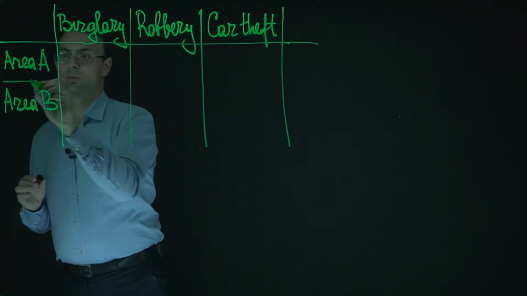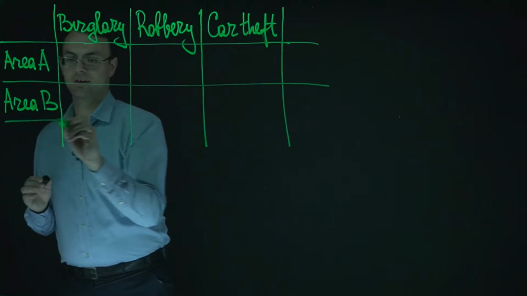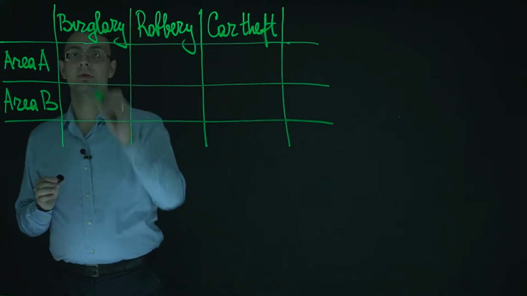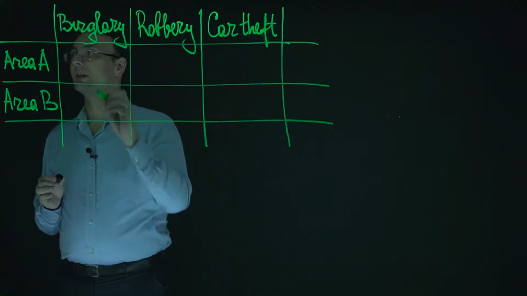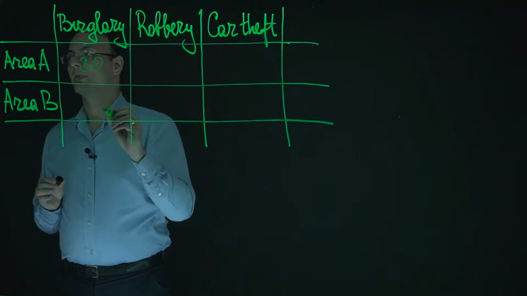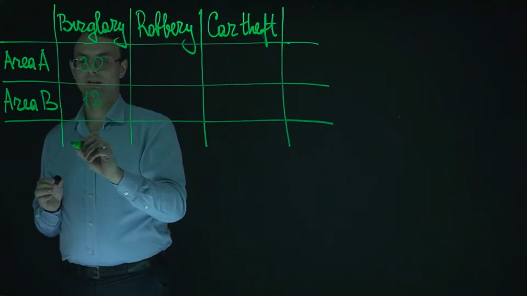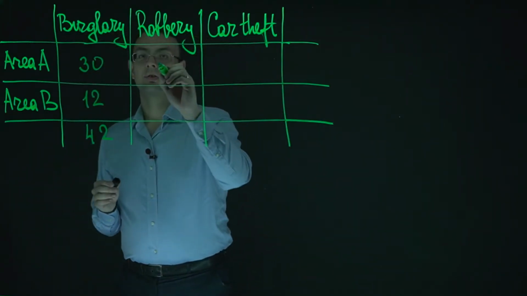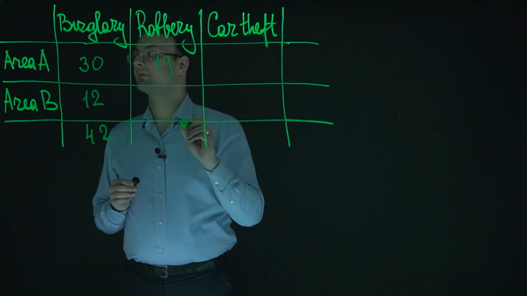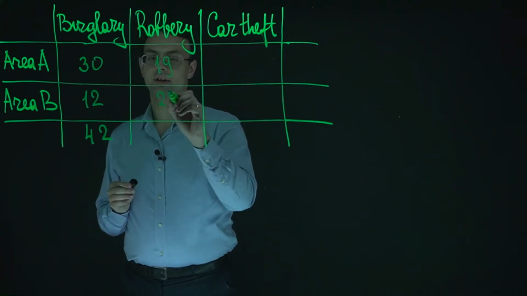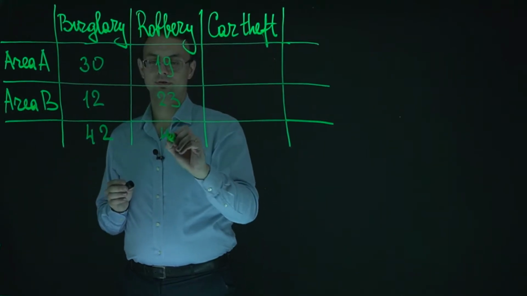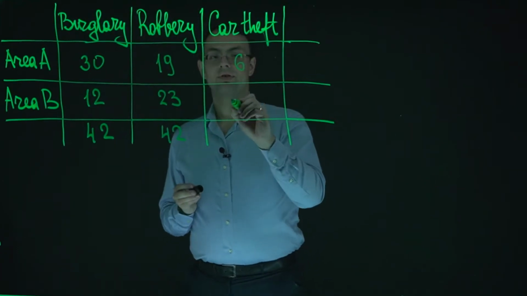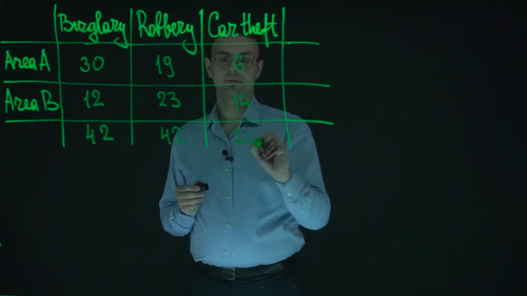And so we can fill in the contingency table. As we know, the number of burglaries for the first area was 30, for the second one 20, that means totally 42, and the number of robberies for the first area was 90, for the second one 23, that is also totally 42, and the number of car thefts was for the first area 6, for the second 14, that is totally 20.